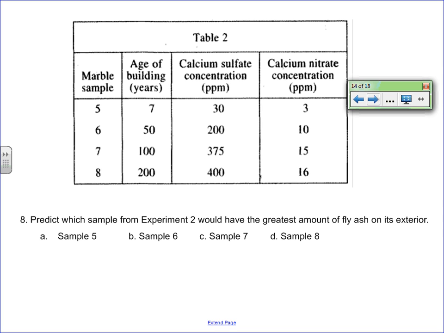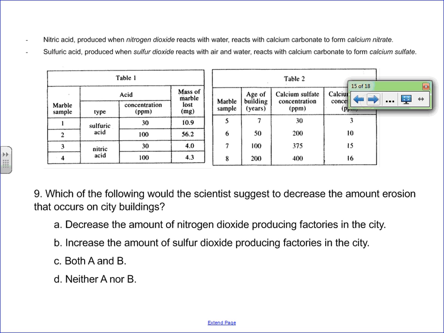In our case a while ago, we learned that the pollution is coming from factories. All right, and the longer the building was out, the more other pollution it had. So in this case, the same would hold true. The longer a building is out, the more fly ash it has. So 8 is exactly right.